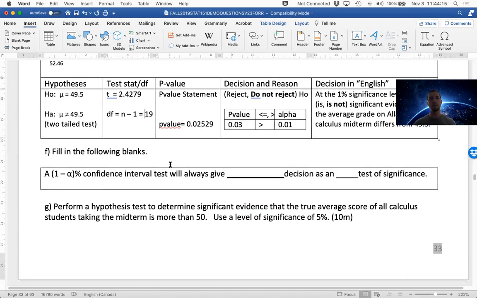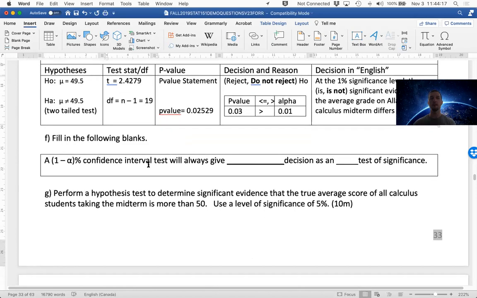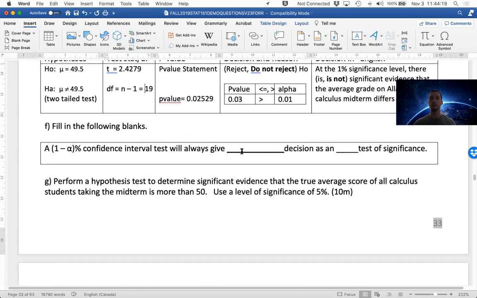Okay, fill in the following. A 1 minus alpha % confidence interval will always give something decision as a something test of significance. What does that mean? So we have here, oh, I see.